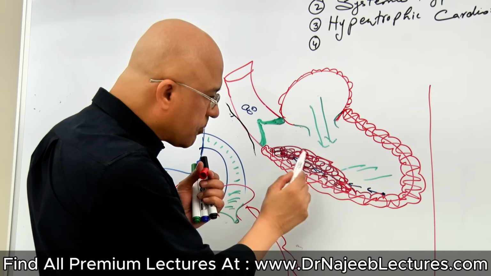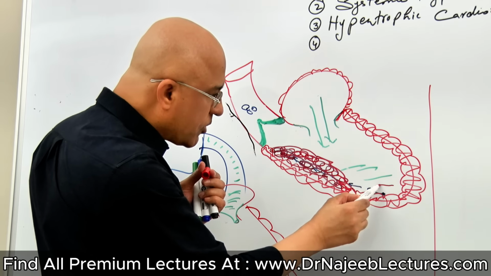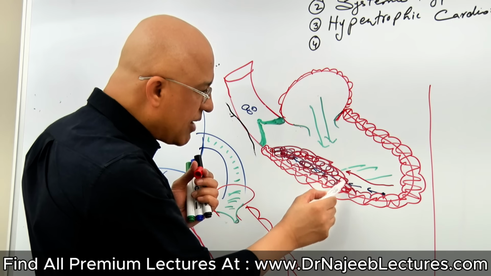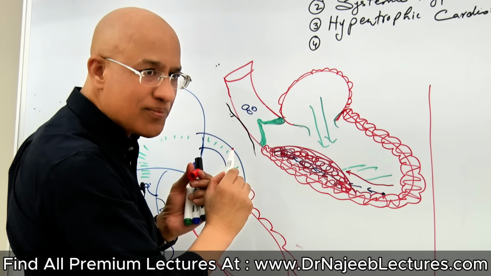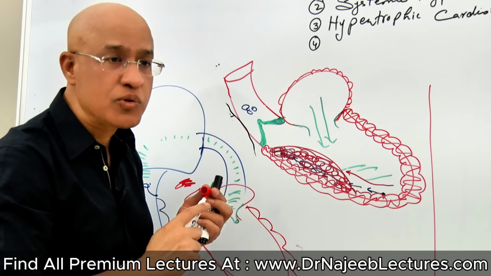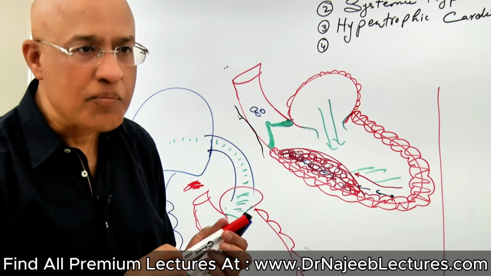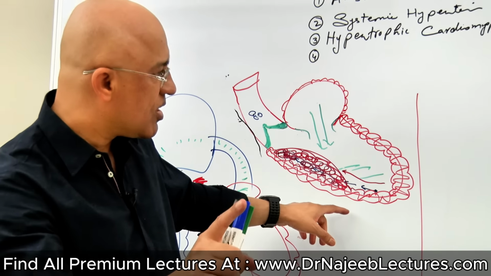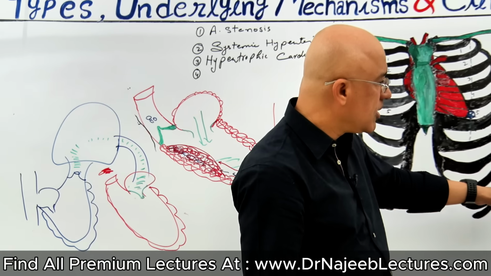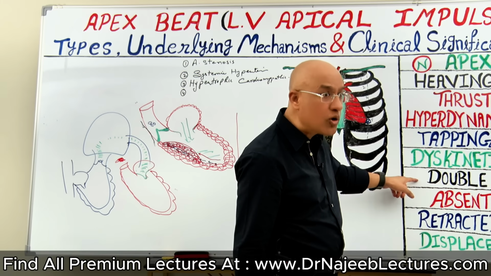But if it produces septal hypertrophy, the blood which wants to go out will have outflow obstruction, right? This can also produce a heaving apex beat. Later on we will discuss that this can also produce a double apex beat or triple apex beat.